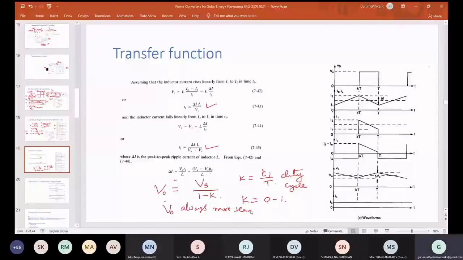Because K can have a minimum value 0, that is Vin, and a maximum value 1, where this equation goes to infinity. That's why it is called a boost converter. It can be used for boosting the voltage. I hope that part is clear.